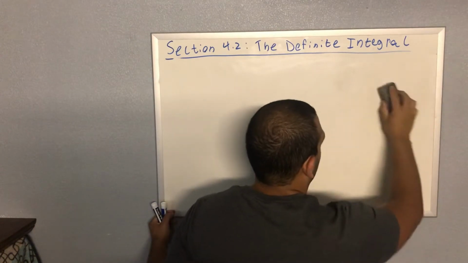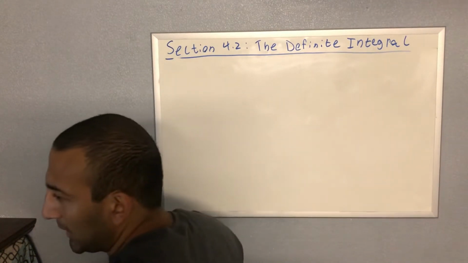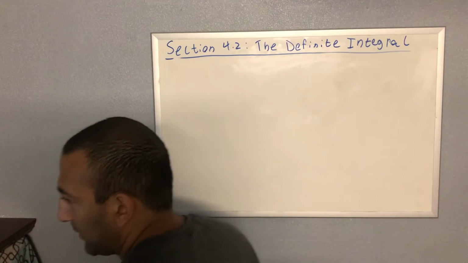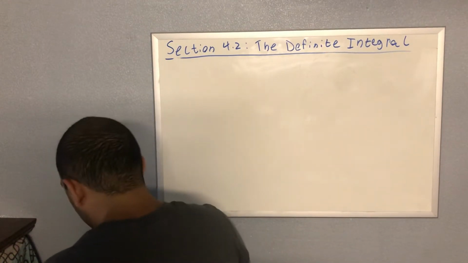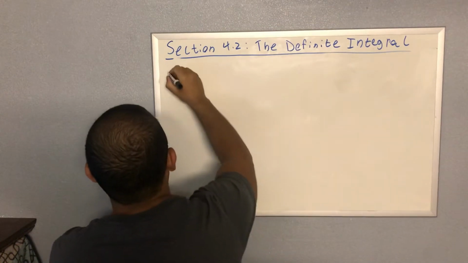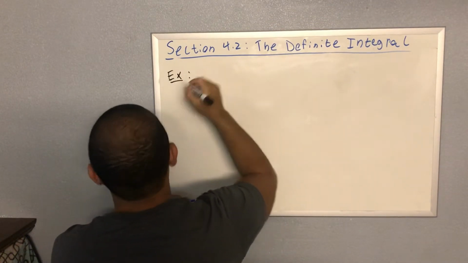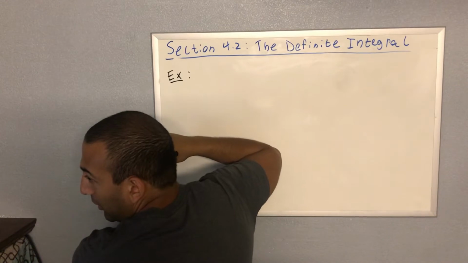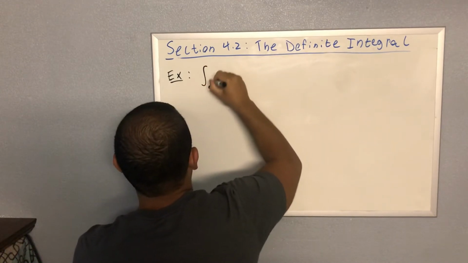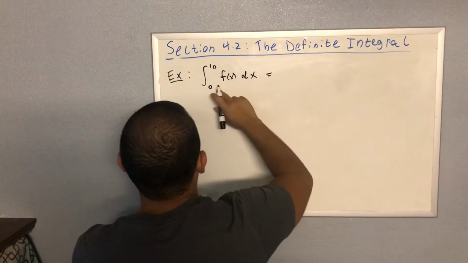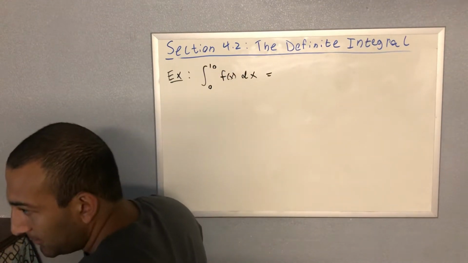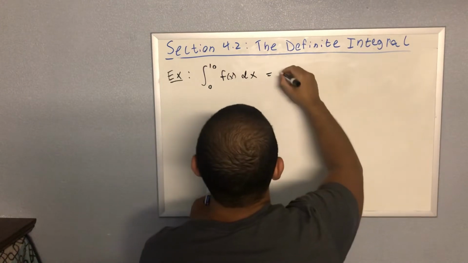And then let's do one quick example before jumping into the last set of properties of the definite integral. So here's another example. Suppose we know this. We have some function where the area from 0 to 10 is 17.